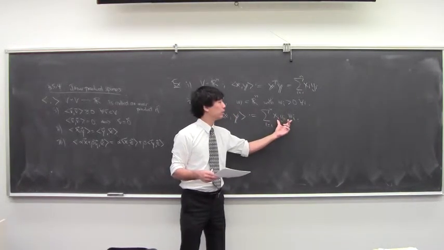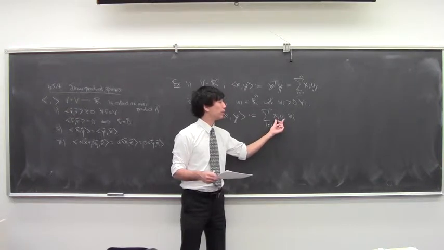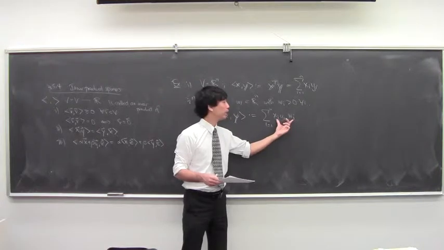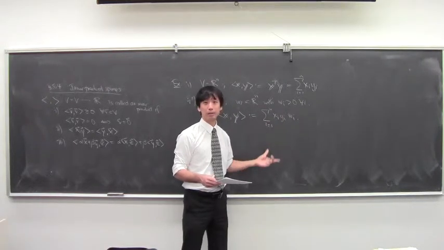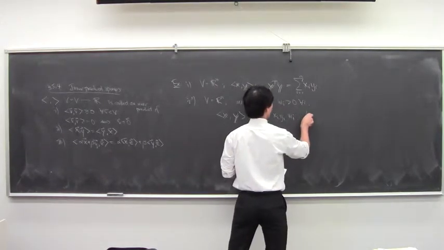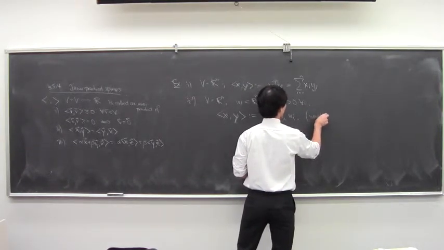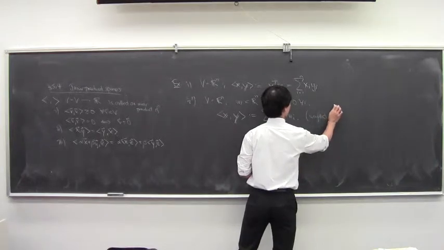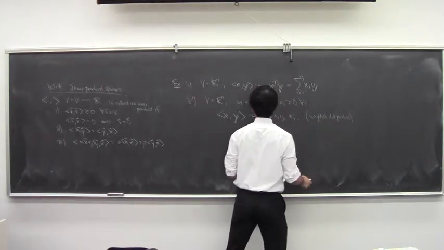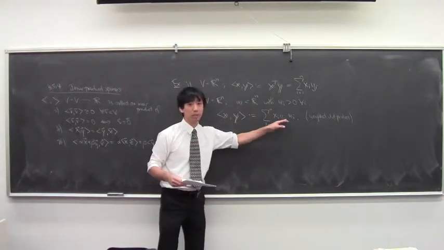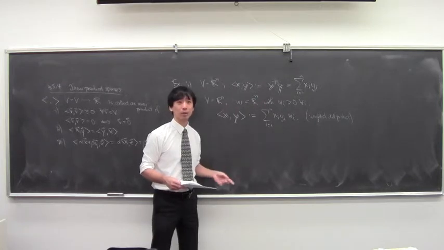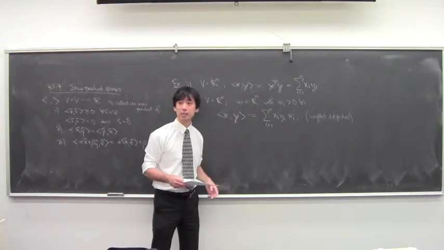So we have these products here, but we multiply each one by Wi, and then we add all those things together. So this is a weighted inner product. This is the old dot product that you know, but we've thrown in a weight. Some of the dimensions are emphasized more than others.